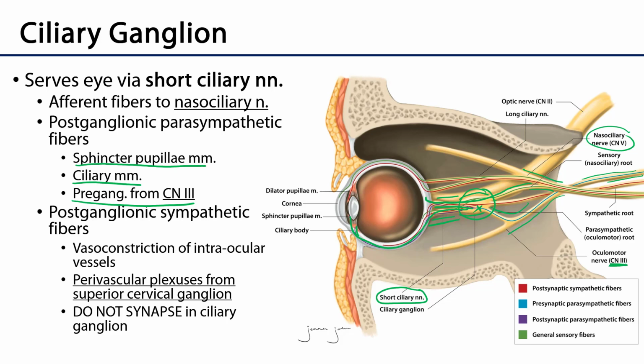Those postganglionic sympathetic fibers come from the superior cervical ganglion of the sympathetic trunk, traveling via perivascular plexuses associated with the internal carotid artery. And keep in mind, these are postganglionic sympathetic fibers. They are synapsing already in the sympathetic trunk, so they do not synapse in the ciliary ganglia.